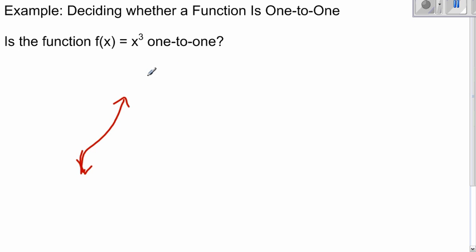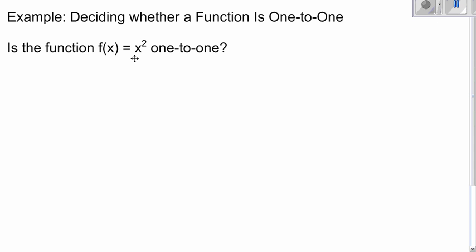But also, if you just think about x cubed, there's no two values that we could plug in for x that will get the same output. If we plug in 1, we'd get 1, but if we plug in -1, we'd get -1. So yes, x cubed is one-to-one.